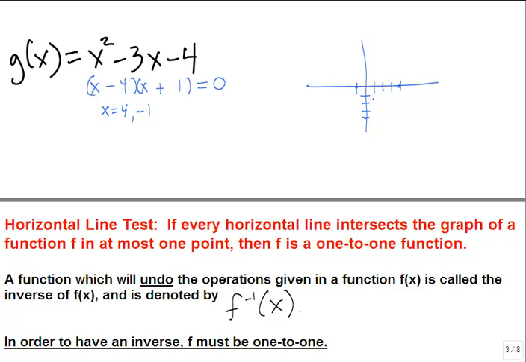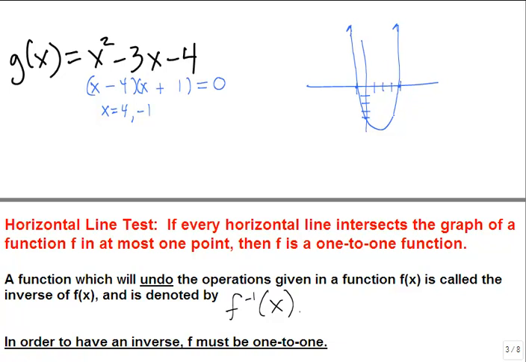And as I said before, if you really wanted to get fancy, you could find the vertex. But all I want to do is just draw the general shape of this graph. And we know it's a parabola that points up. So this is going to have to look like something like this. So here's the graph. That is a function because it would pass the vertical line test.